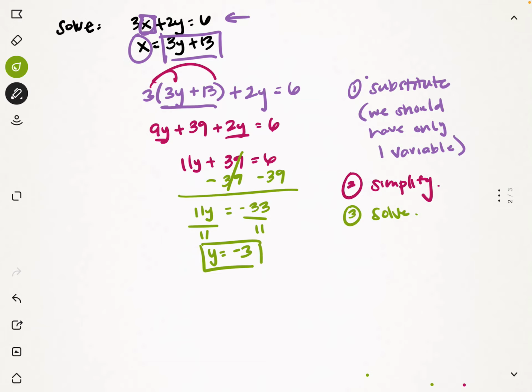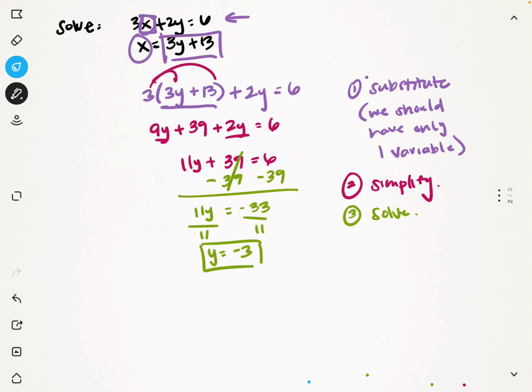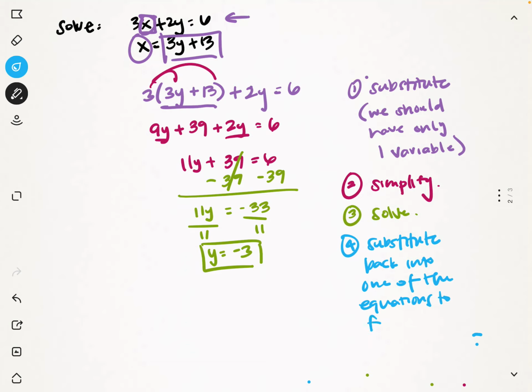So we found one of the variables, and this is why I said we shouldn't say we're done yet, because we have to go back and substitute back into one of the equations to find the other variable.